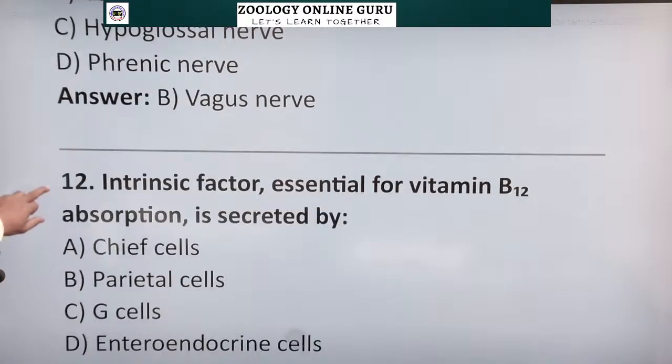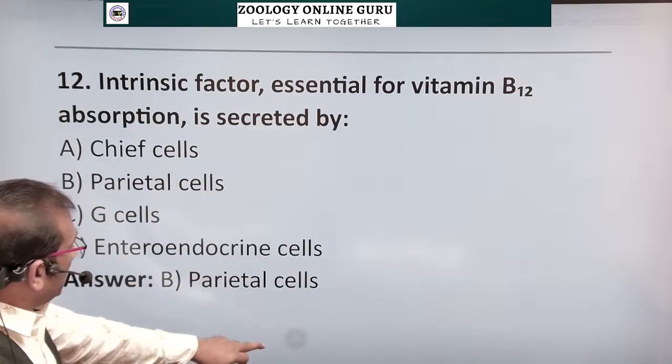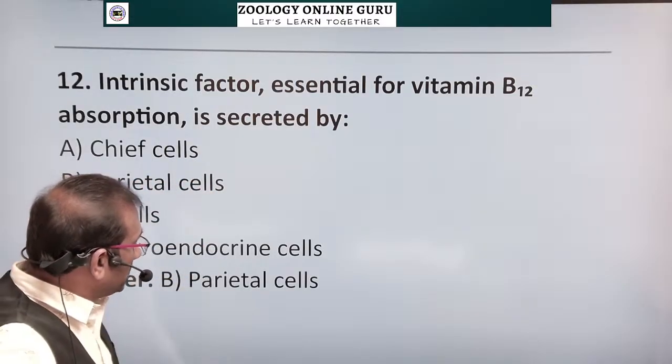Next, question number 12. Intrinsic factor, essential for vitamin B12 absorption, is secreted by which cells? Chief cells, also called peptic cells, secrete pepsinogen.